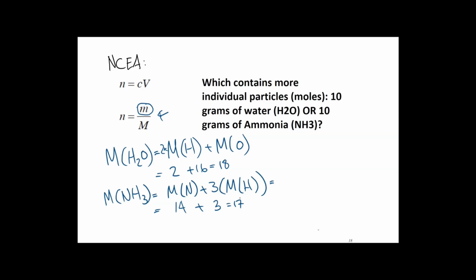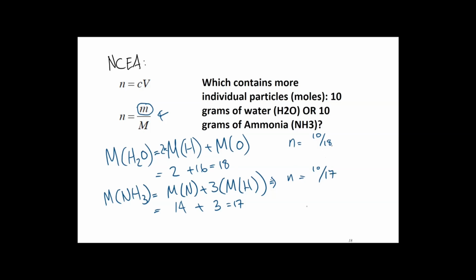So the molar mass of water is slightly more than the molar mass of ammonia. So the number of moles in 10 grams of H2O is going to be 10 divided by 18, and the number of moles of ammonia is going to be 10 divided by 17.